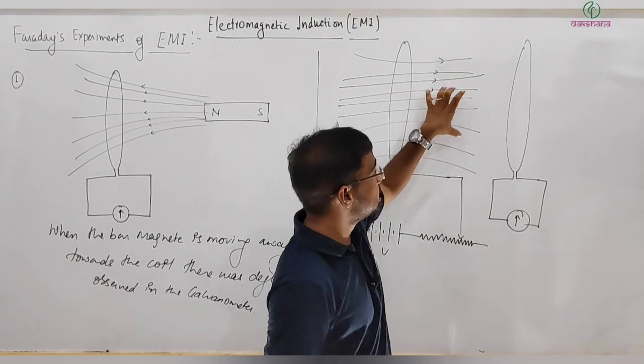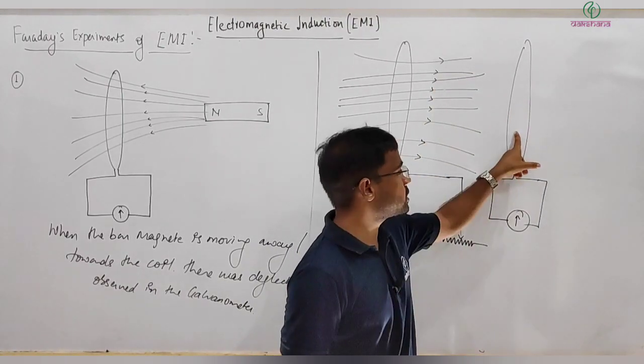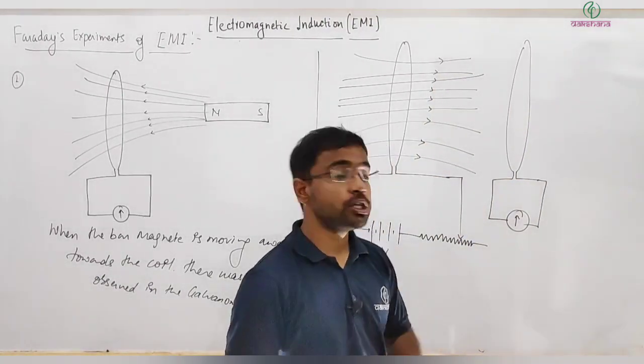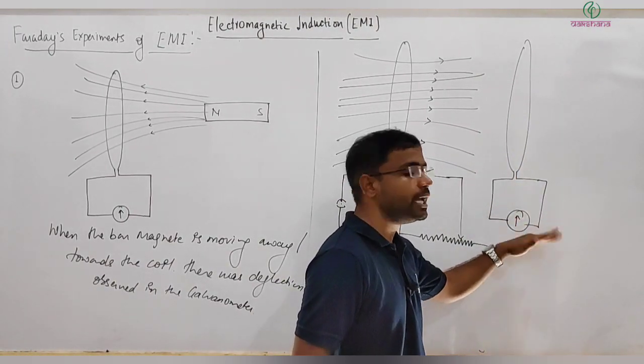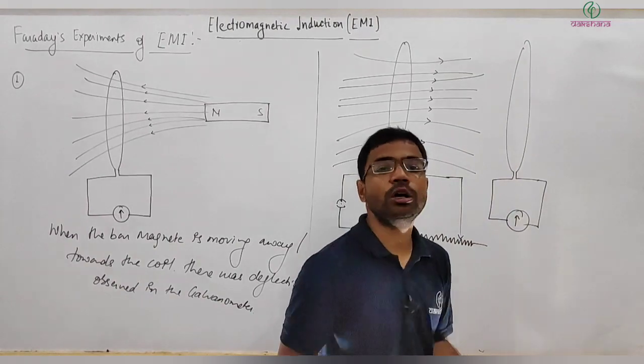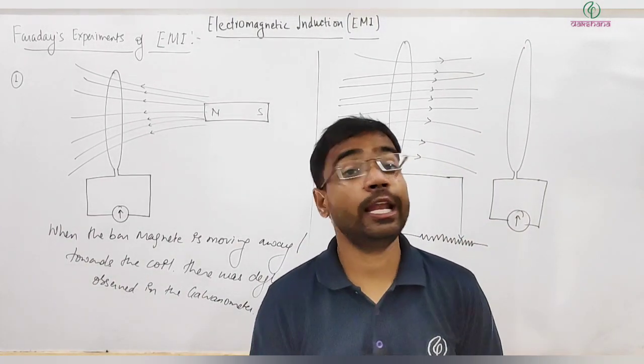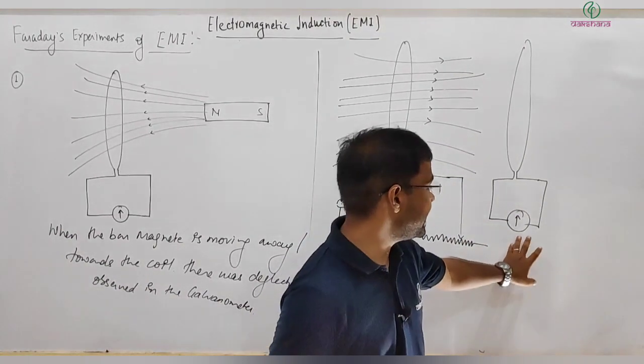So that means some changing flux is linked to the second coil. In that case, there was deflection in the galvanometer, and when there was some constant flux linked to the coil, there was no deflection in the galvanometer.